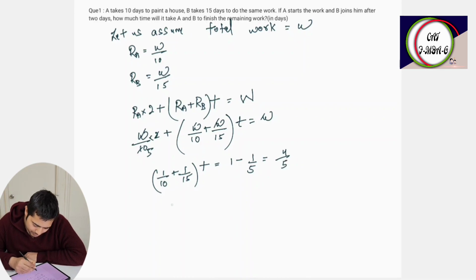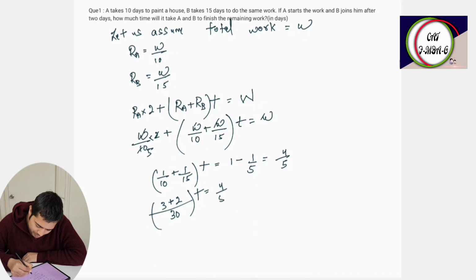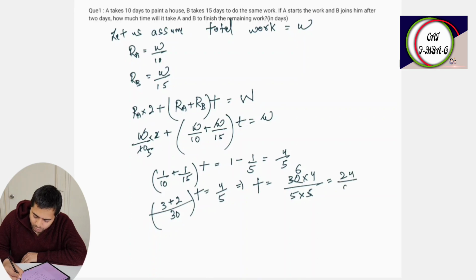And you take the LCM as 30. So (3 plus 2) by 30 into T is equal to 4 by 5. That implies T is equal to 30 into 4 divided by 5 into 5. So 6 into 4 is equal to 24 by 5 is equal to 4.8 days.